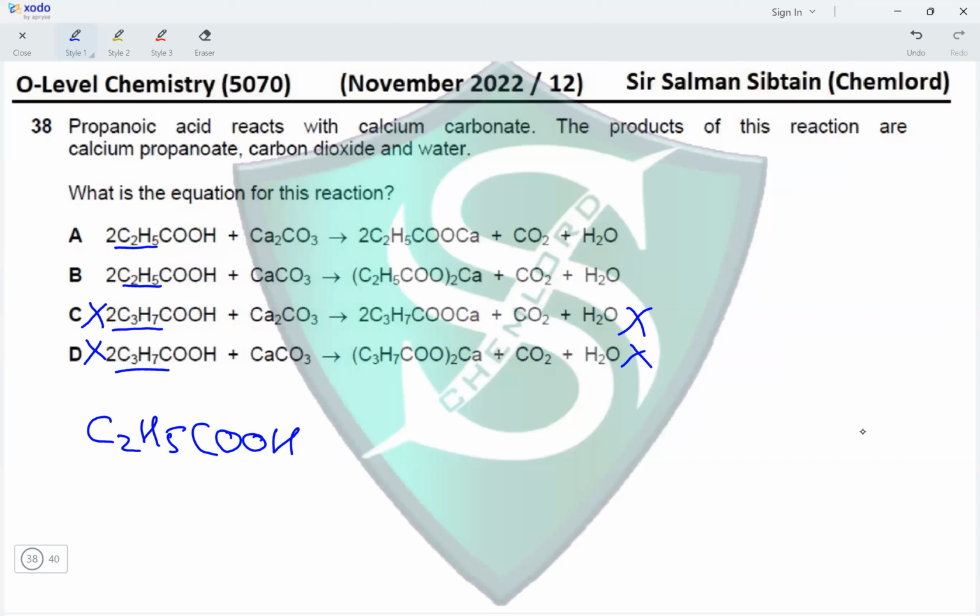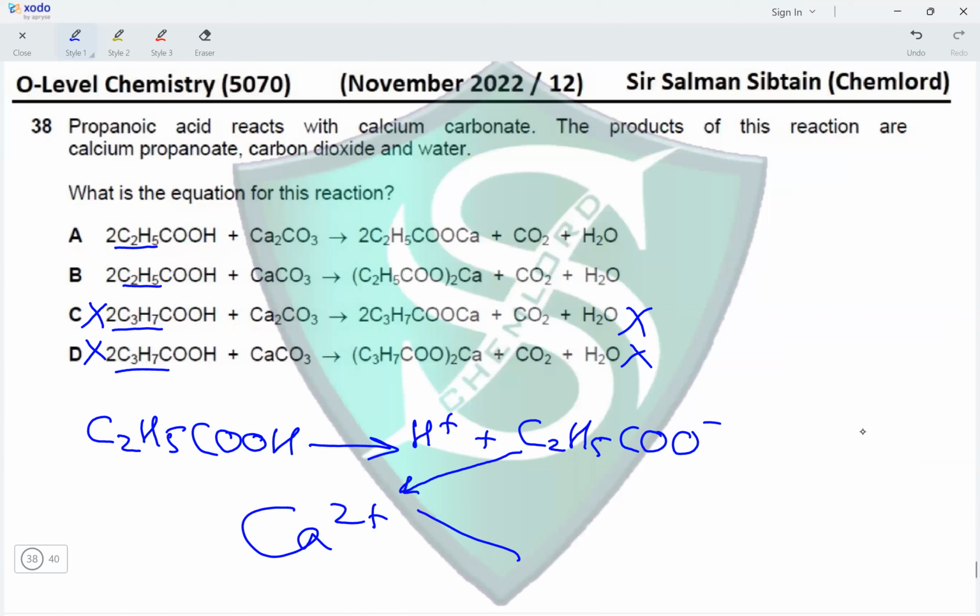And now, when this weak acid loses an H positive ion, it forms the anion C2H5COO minus. Whereas the cation present has a 2 positive charge, which means we will have 2 moles of C2H5COO minus ion attaching to this calcium ion.